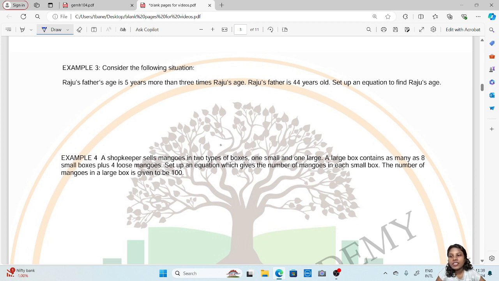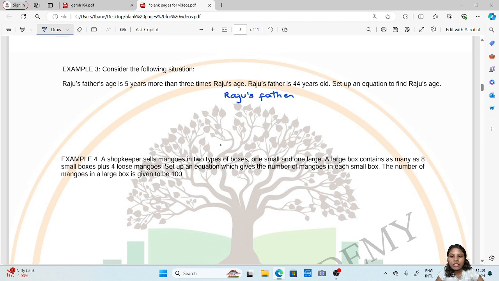So now here they have said Raju's father's age is 5 years more. So that will be somewhere plus 5, then 3 times Raju's age. So 3 times will be 3 into some variable.